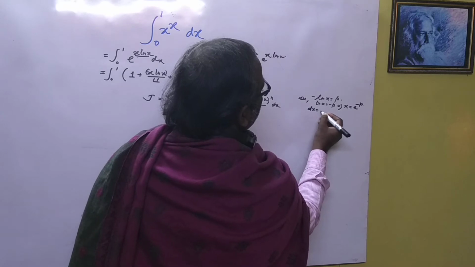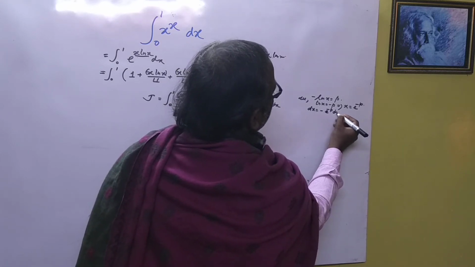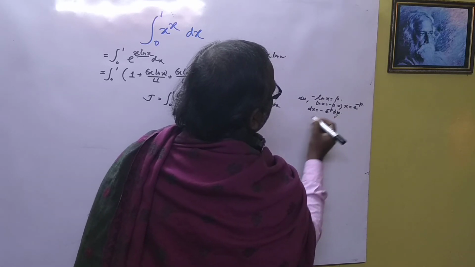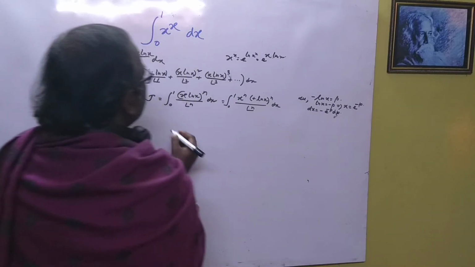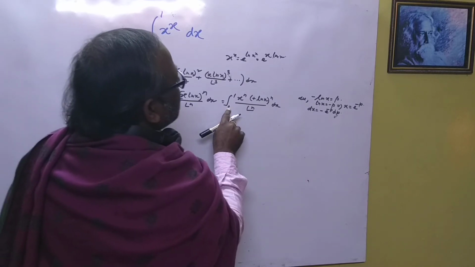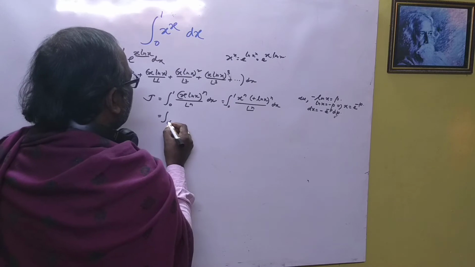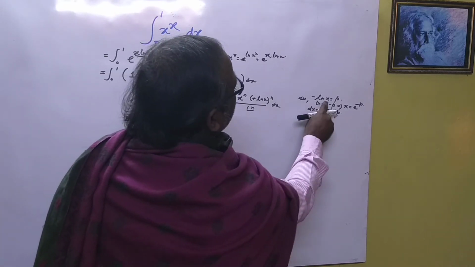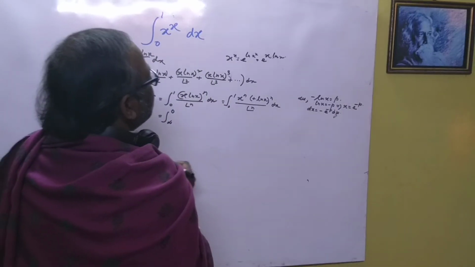Differentiating, we get dx equal to minus e to the power minus p dp. Now see the limits. If x is 0, then p tends to infinity. The upper limit is 1, and if we put 1, log 1 is 0, so this is 0.